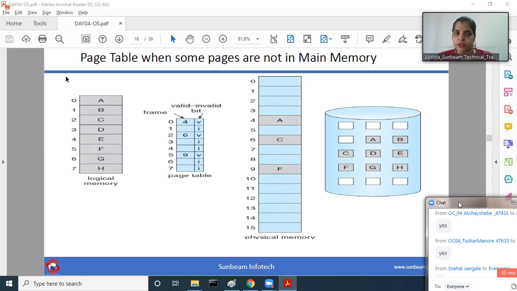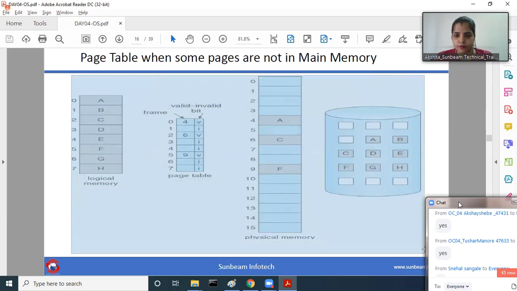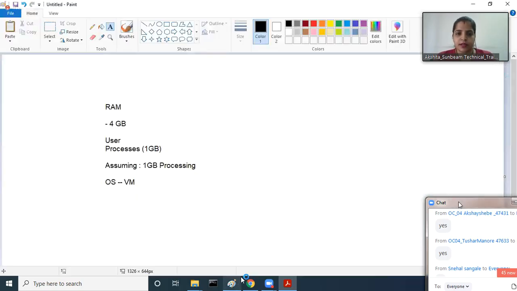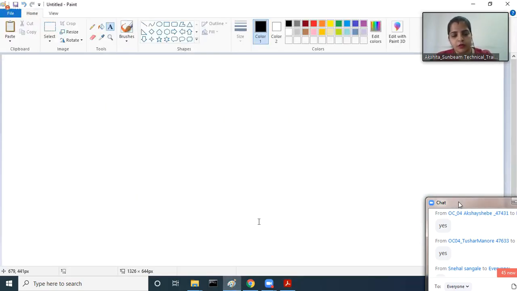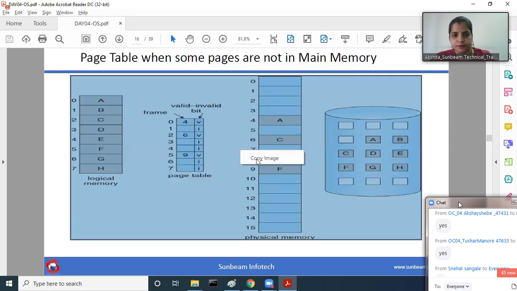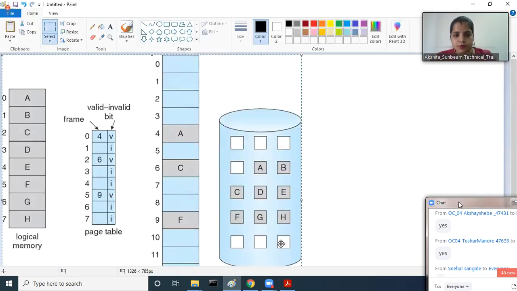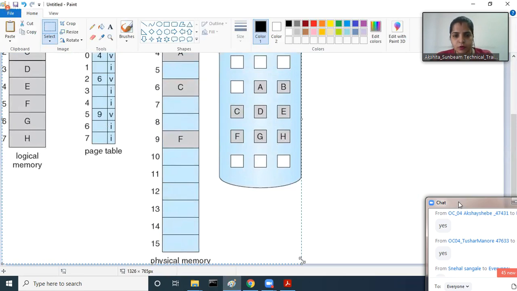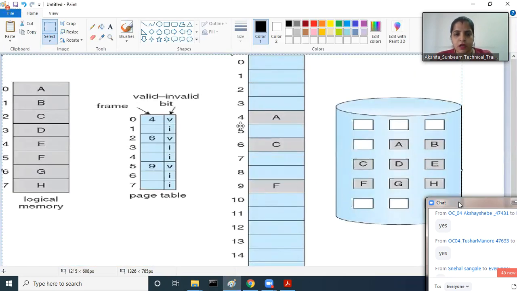What your system will do is create a logical memory space over here. And it will allocate page A, page B, page C, page D, E, F, G, H. Means for this particular process, I will require 7 pages.